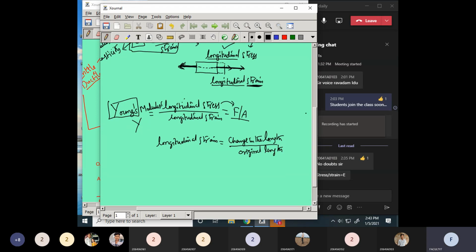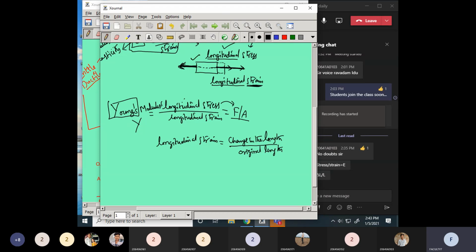Let us take this diagram. Initially the length is L, for example 10 centimeters. Due to the application of force or stress, you got some elongation, say the result is 15 centimeters. That is 10 plus 5 centimeters, so you got 5 centimeters of extra elongation.